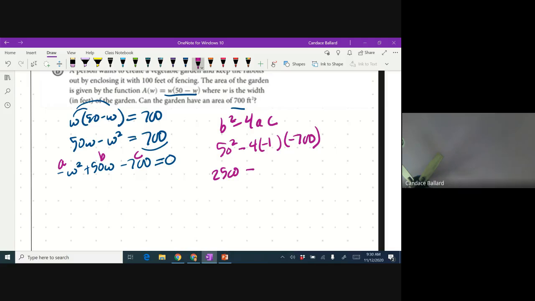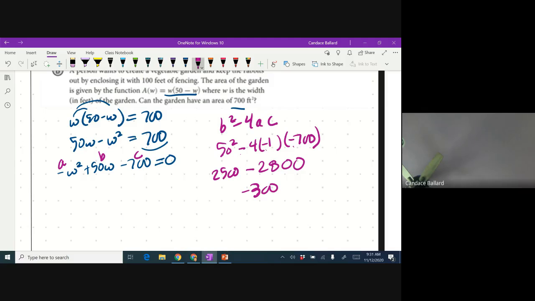I know sometimes I go fast, but because I do make mistakes, we all are human. We all make an arithmetic mistake all the time. All right, so -4 times -1 times -700, I got -2800, right? Because a negative times a negative times a negative would still be negative. All right, so I end up with -300.